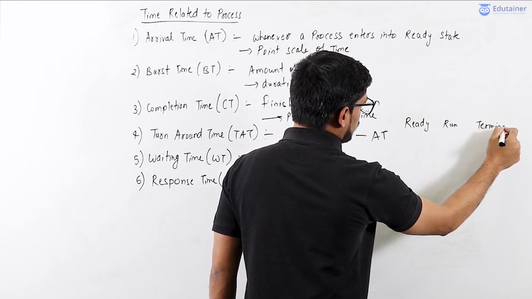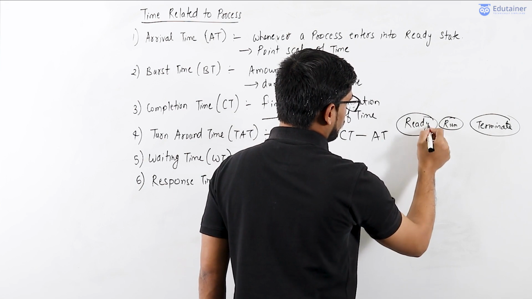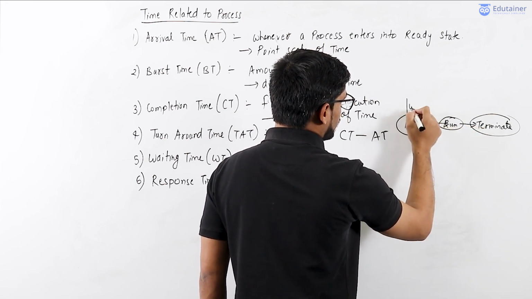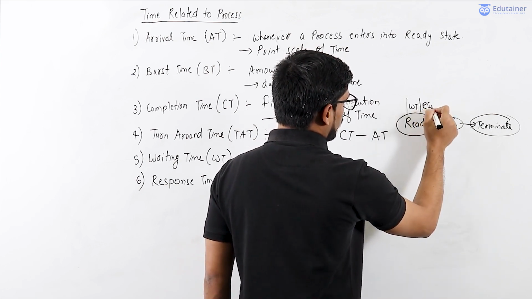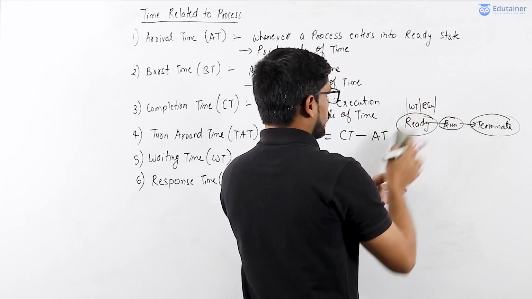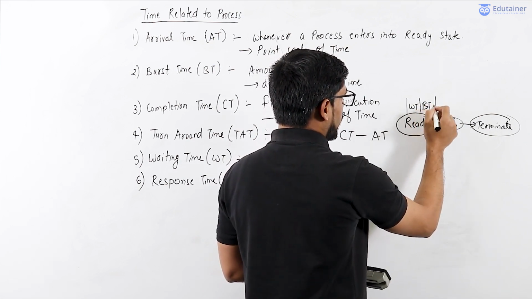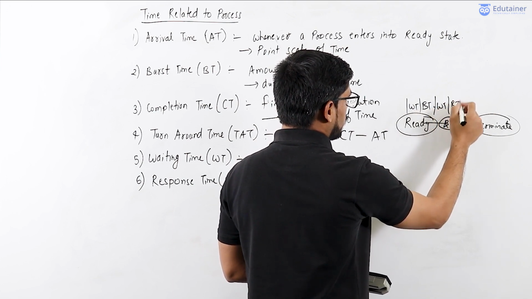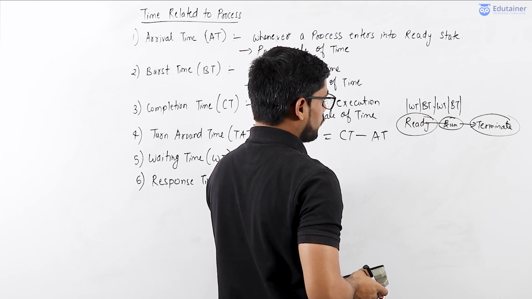From ready, run, and terminate, a process going from ready to run or run to ready will either wait for some event or it will run. And when it runs, that means burst time. So there are two different times, either wait time or burst time. A process will go through these two types.